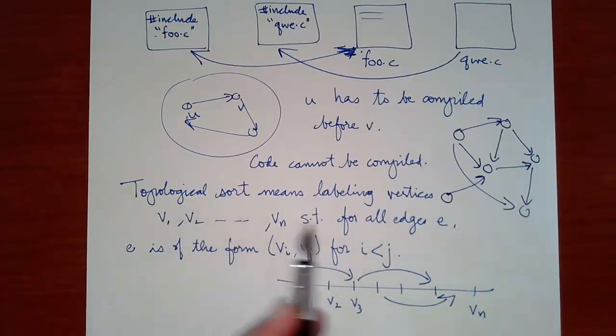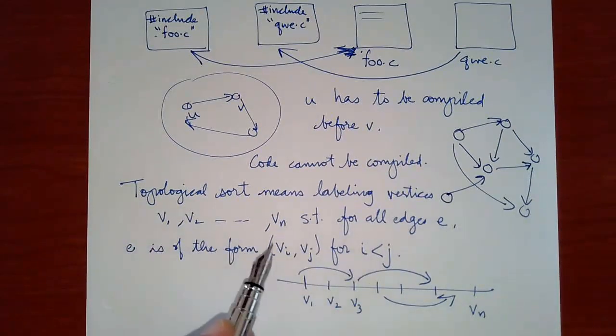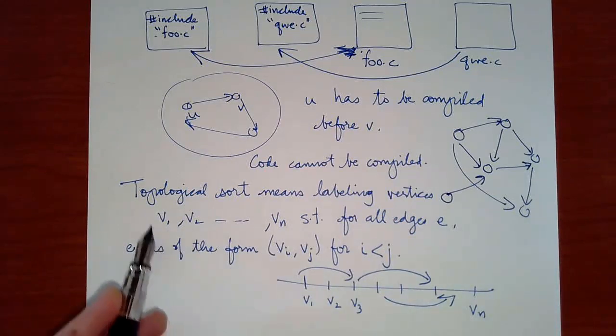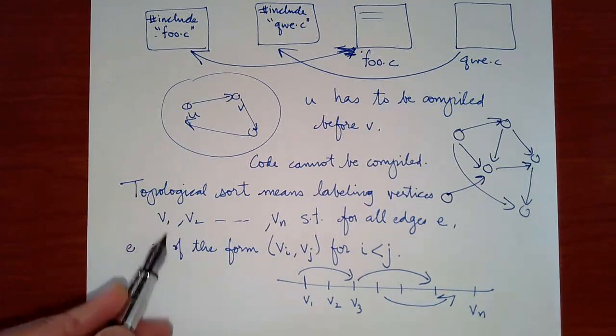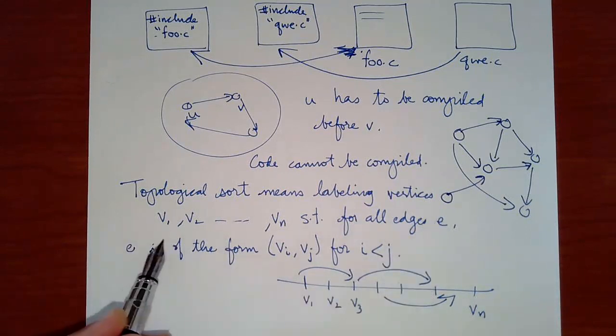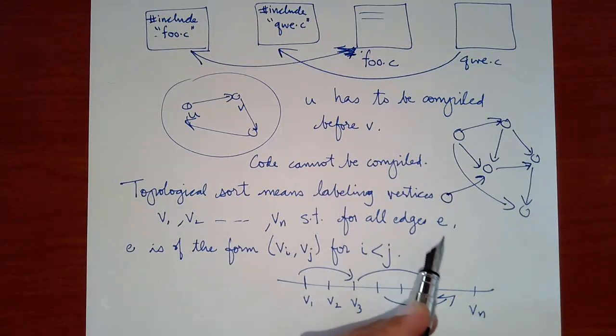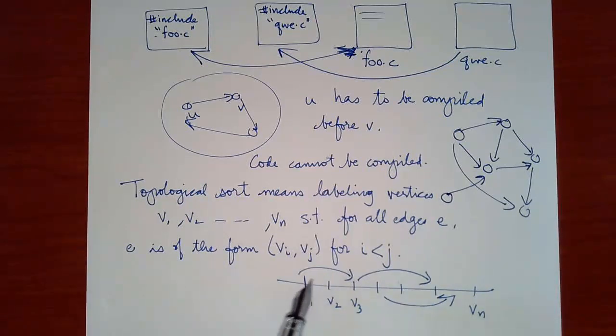We can think of that as labeling the vertices v1 to vn. If the vertices were initially called 1 to n, you want to relabel them. So you label the vertices v1 to vn such that all edges go from lower in the order to higher in the order.